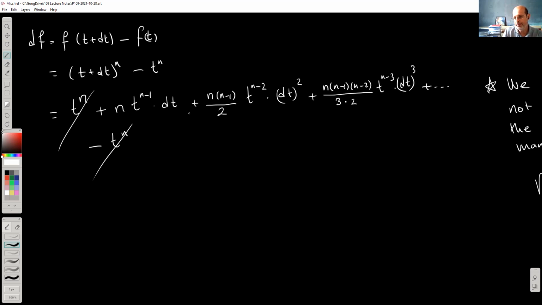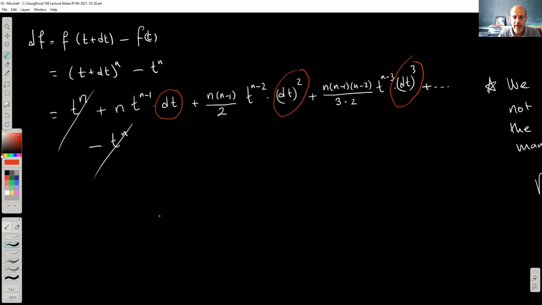So what is left is basically an infinitesimal quantity, but this infinitesimal quantity has a dt in here, the square of dt in here, and the cube of dt in here.